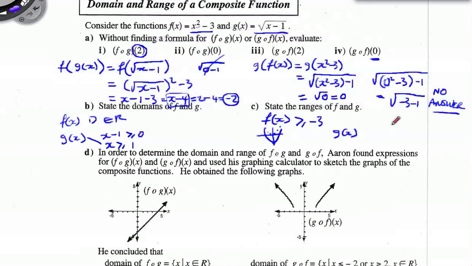And a function like this always starts somewhere on the x-axis. In this case it starts here at positive 1. But as far as the range goes, because of the square root, our value for g of x cannot be less than 0. It has to be greater or equal to 0.